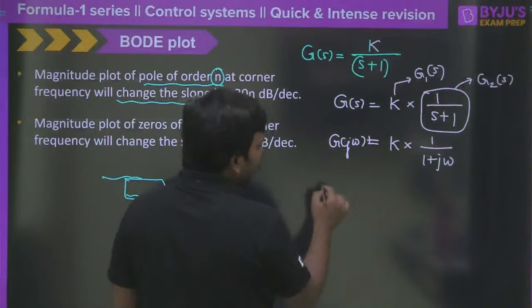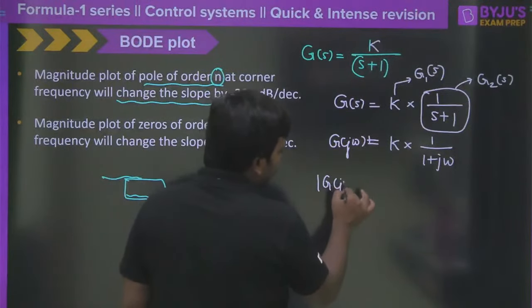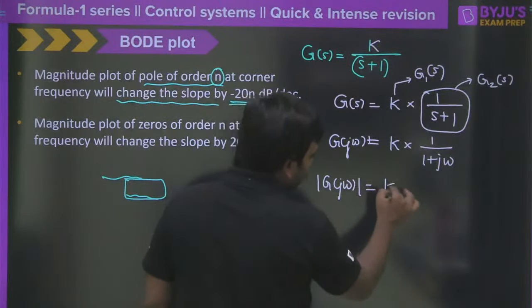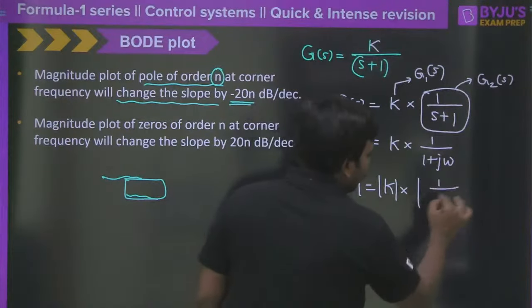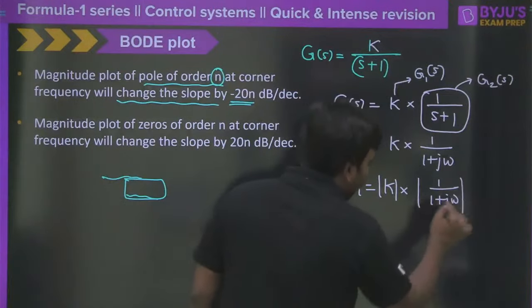Then if I take the magnitude of G(jω), it will become the modulus of k first, so mod of k will be k only, and the modulus of 1/(1+jω). Now look at the beautiful thing.